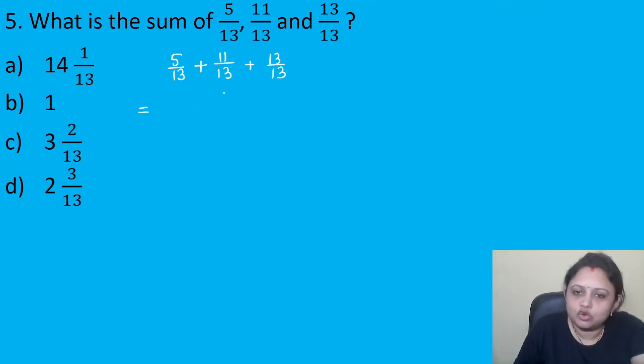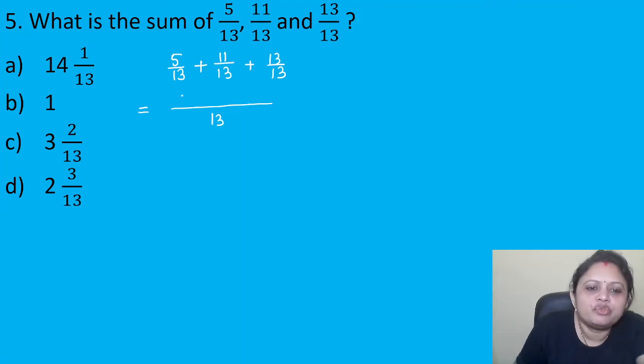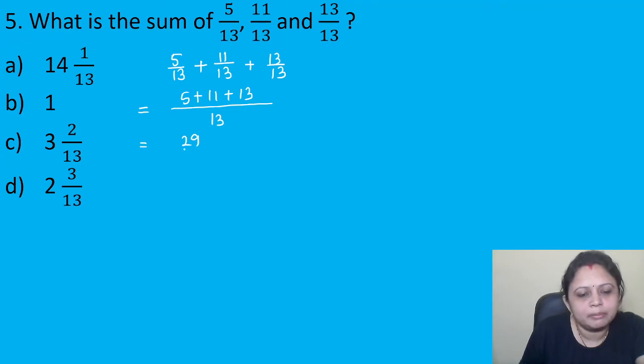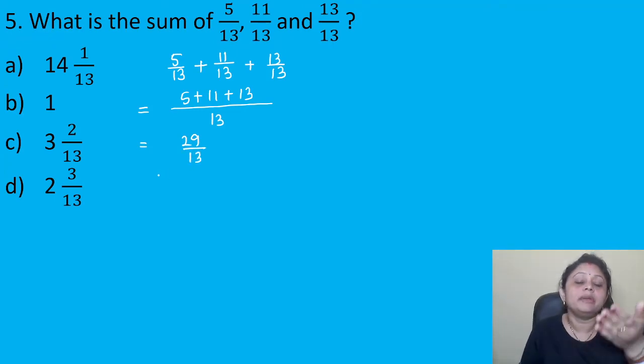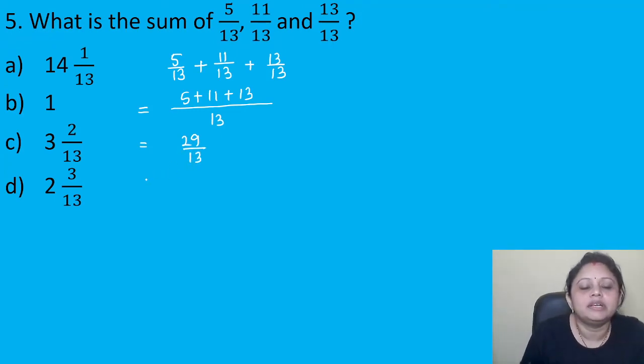Here the denominator is the same, so it is easier for us to do the calculation. We just need to add the numerators. 5 plus 11 plus 13 is 29, so 29 by 13.